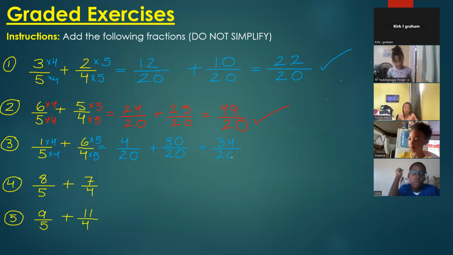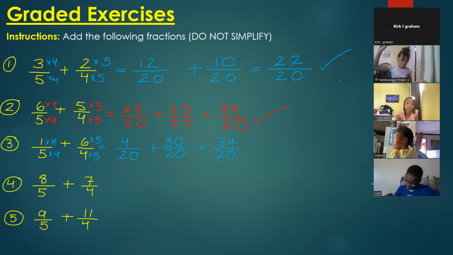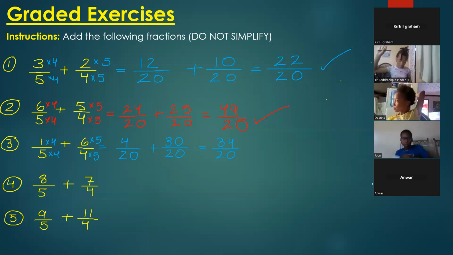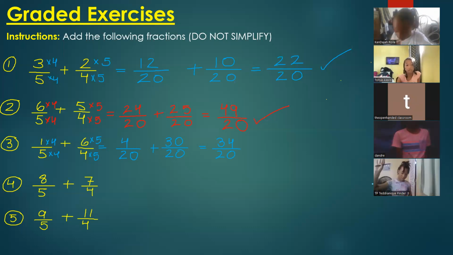All right, raise your hand if you got 34 over 20. Ariana, did you get 34 over 20? Yes, sir. How about you, Kendeja? Yes, sir.